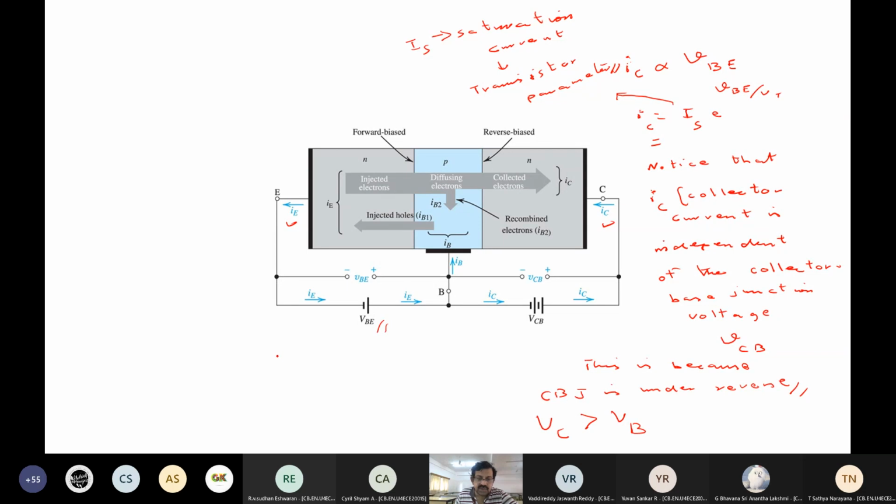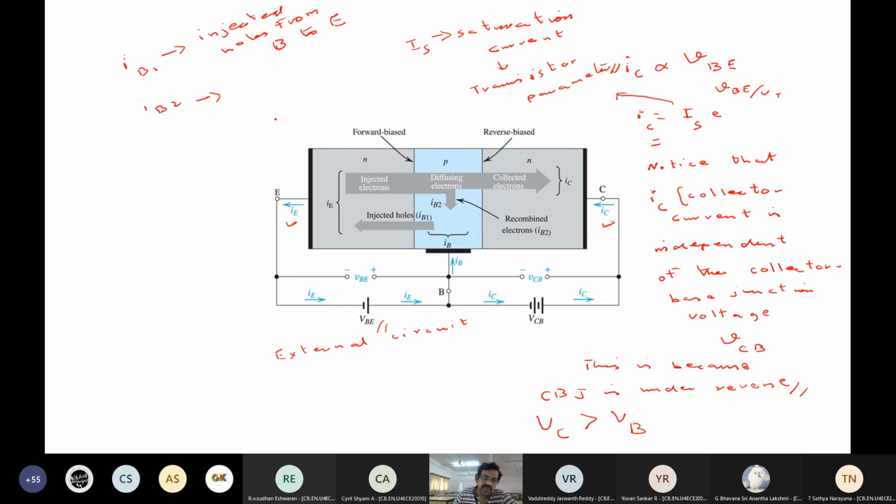The external circuit, which is the bias voltage, is the savior. So two components, IB1 and IB2. IB1 is clearly the injected holes from base to emitter.